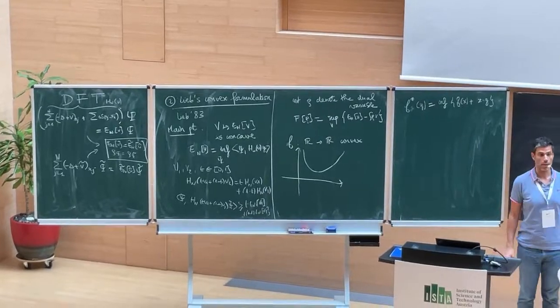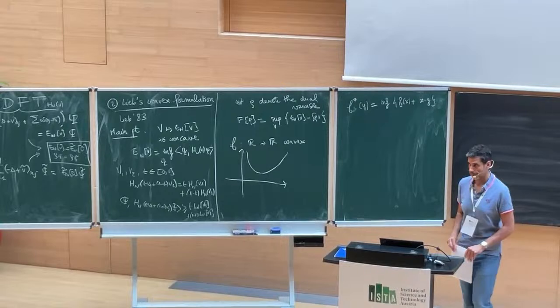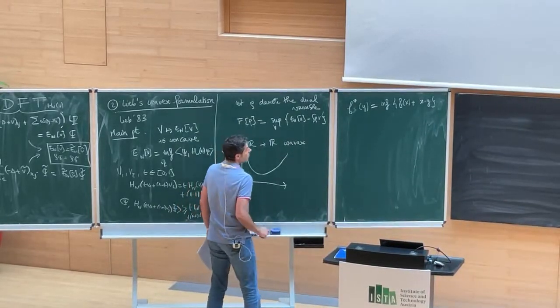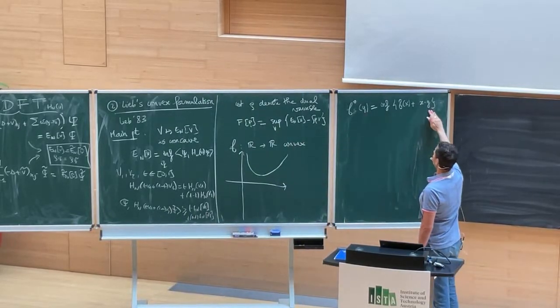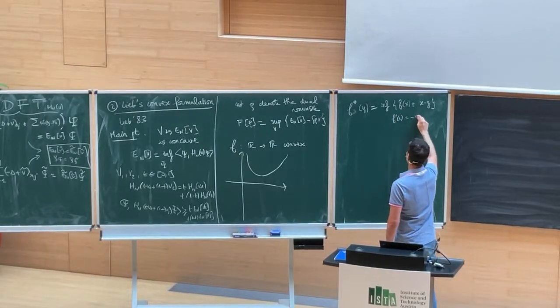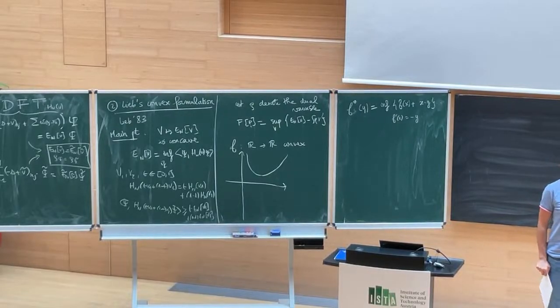And this guy is now concave, right? Because it's an infimum of linear functions. So what is it that you're doing? You see, if I fix y and I look for which x it's obtained, I will get that f prime of x must be equal to minus y. So for any y, what I fix is the slope.